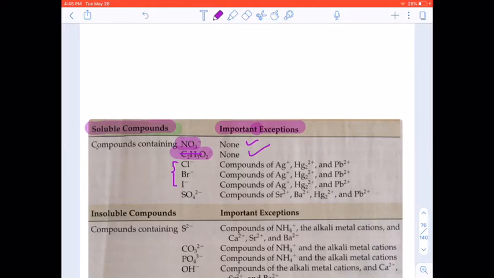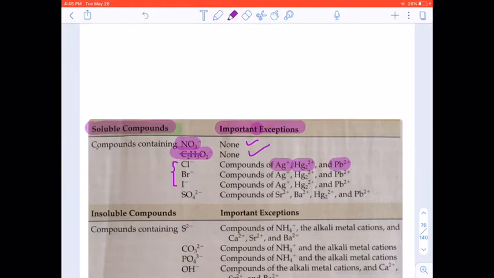And these are all soluble except for silver, mercury, and lead. So all chlorides, sodium chloride, magnesium chloride, aluminium chloride, are soluble. But silver chloride is insoluble, mercury chloride is insoluble, and lead chloride is insoluble.